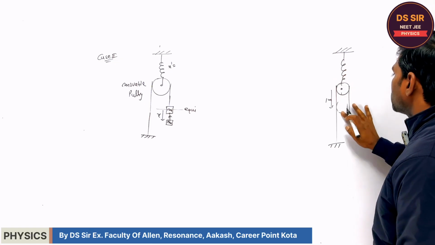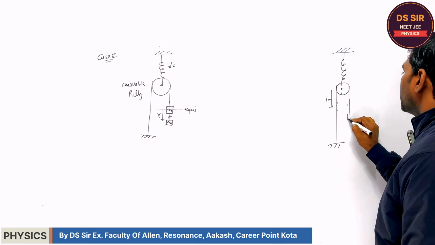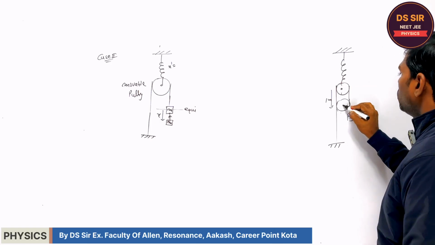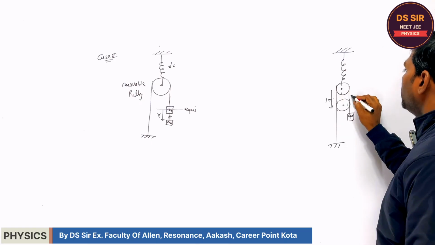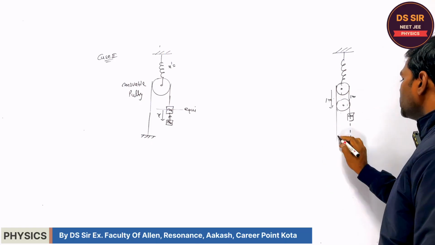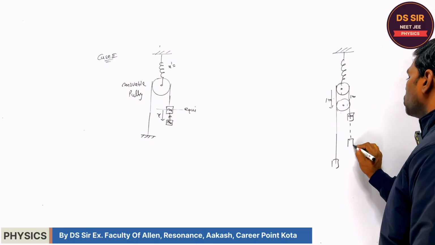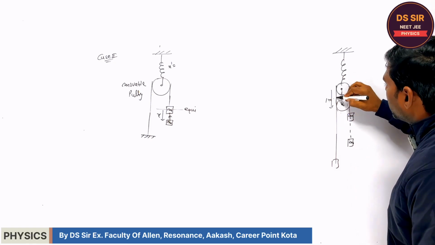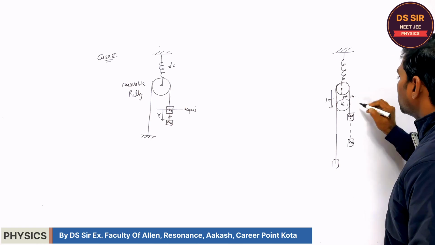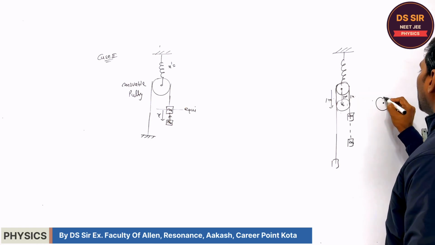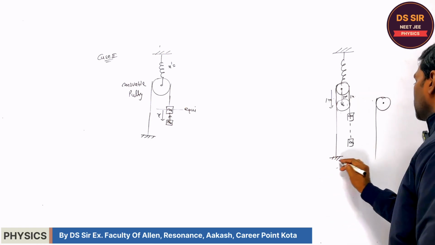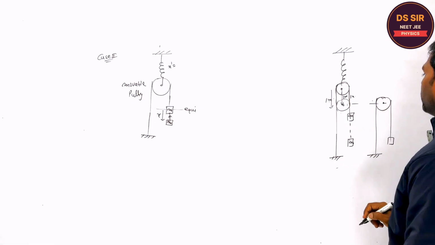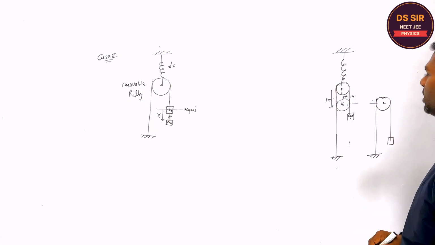Initially the system was like this. This is the mass M over here. If the pulley comes down by 1 meter, so this is the 1 meter, 1 meter. So what is the distance moved by the M? You tell. If the pulley comes down by 1 meter, this is the 1 meter string, this is the 1 meter string, the situation becomes like this. Initially the block is over here.